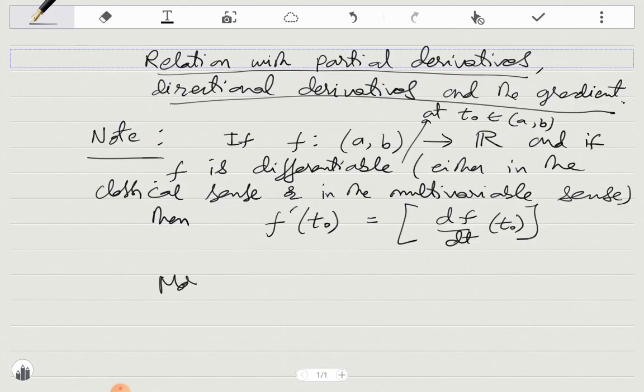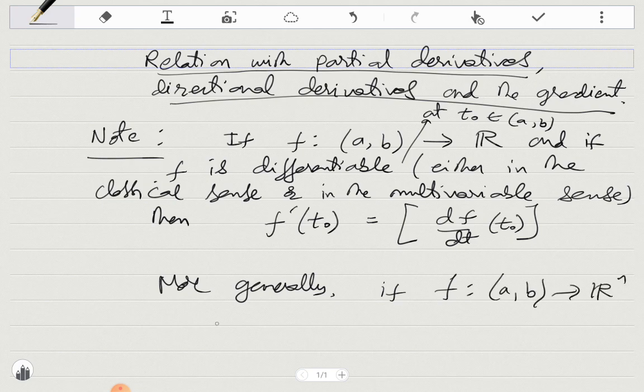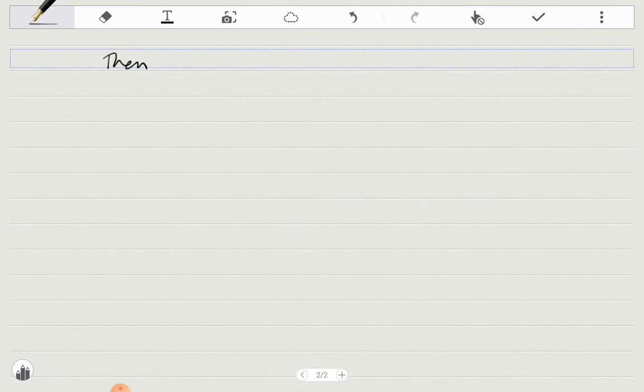So more generally, if f is from an interval to Rn and f of t, since it's in Rn, will have n component functions, f1 through fn, then f prime t naught, again I'm assuming that f is differentiable at some point t naught in the multivariable sense or classical sense, is an n by 1 matrix.